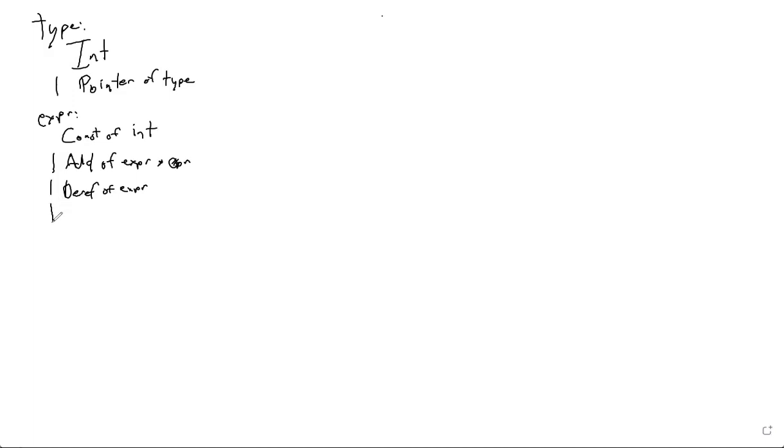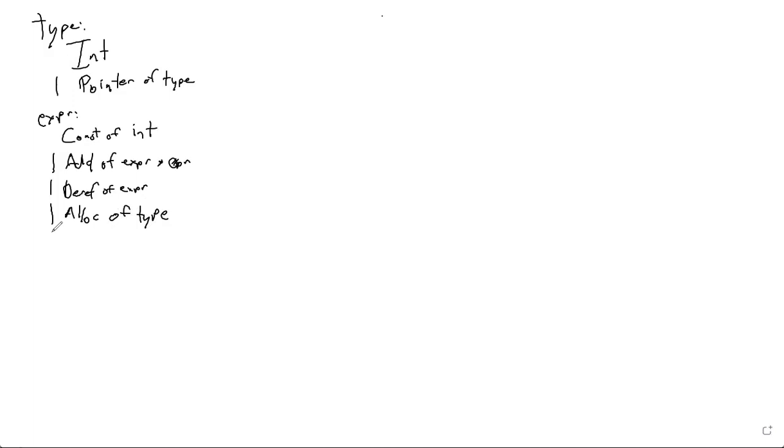So maybe we can alloc a pointer, and this alloc is going to take a type, because that tells us how many new spaces we need to allocate. And this thing will just return a pointer of this type. We give it a type and then it gives us a pointer to that type. And that'll be valid.